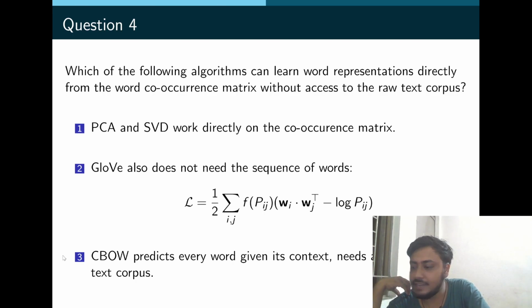The information of Pij is known to the GloVe model, and that comes from the co-occurrence matrix, and Wi and Wj are the vectors it needs to learn. This is the learning objective for GloVe. For all pairs of words it needs to learn these vectors such that the loss is minimized, and the other information comes directly from the co-occurrence matrix.